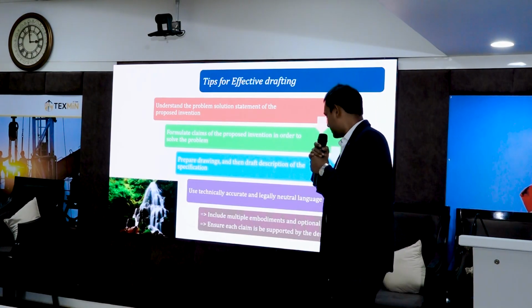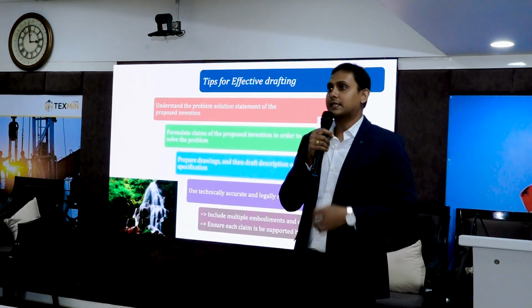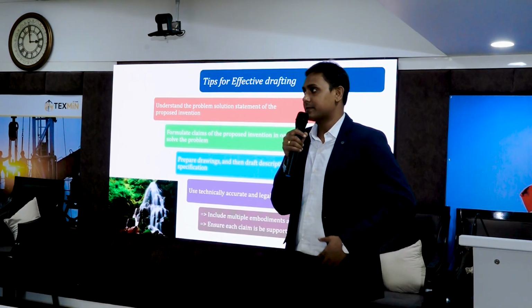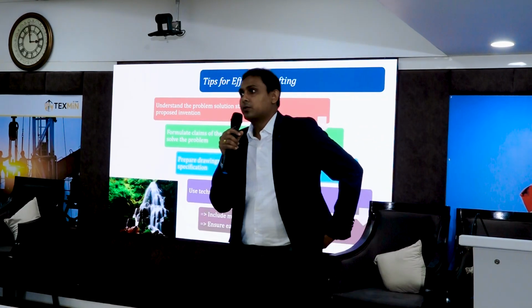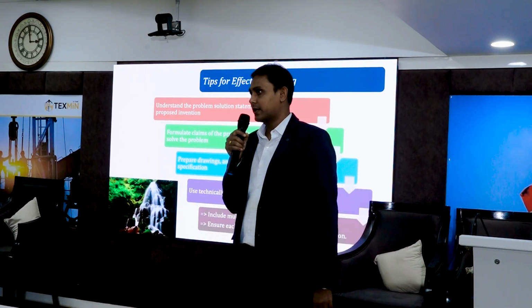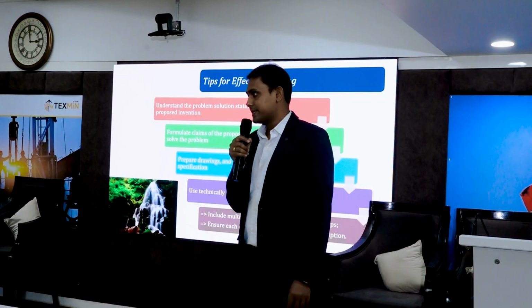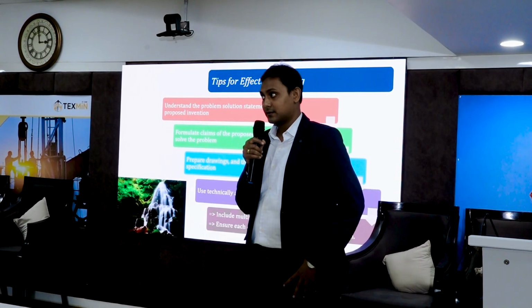Whatever technical terms are required in the patent specification, you have to maintain. I'm just giving an example. Suppose your invention requires a camera. In the patent specification you can write camera or image capturing unit.